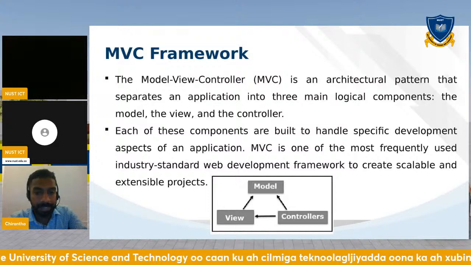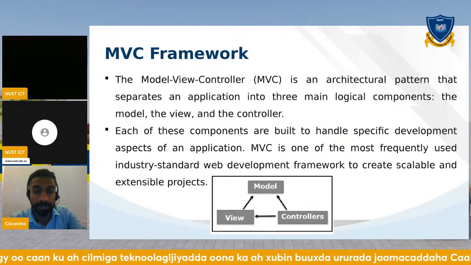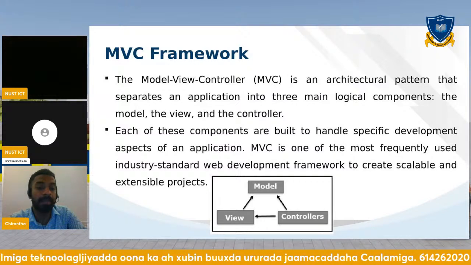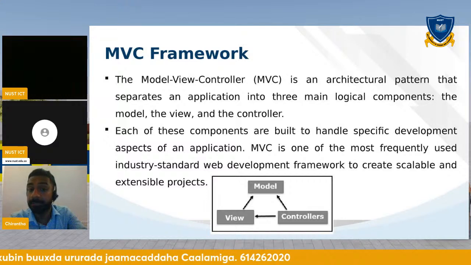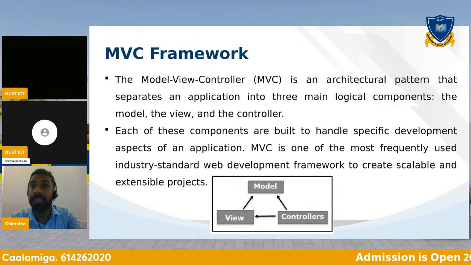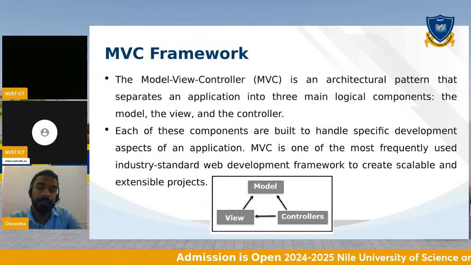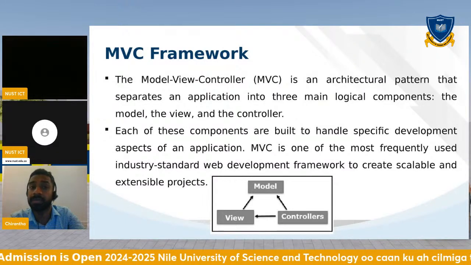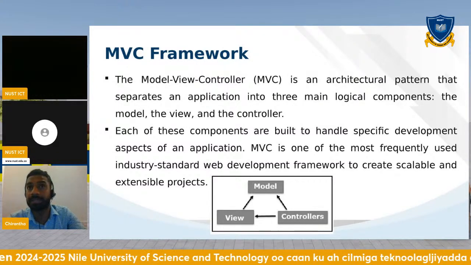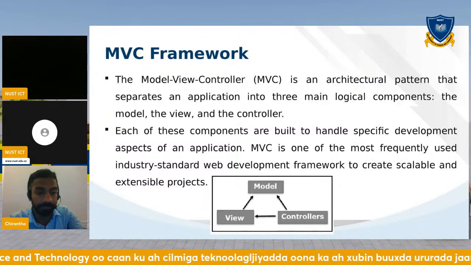MVC is one of the most frequently used industry-standard web development frameworks to create scalable and extensible projects. That's because it is a much older framework and architecture than the microservices architecture. Now, at the moment, we are going to integrate these several frameworks together. There are no such limitations. No one is going to say that we cannot amalgamate those things together. Yes, we can amalgamate them and come up with new solutions.